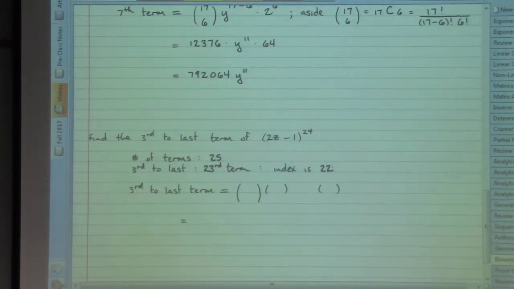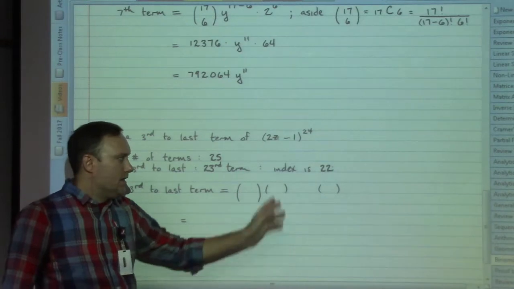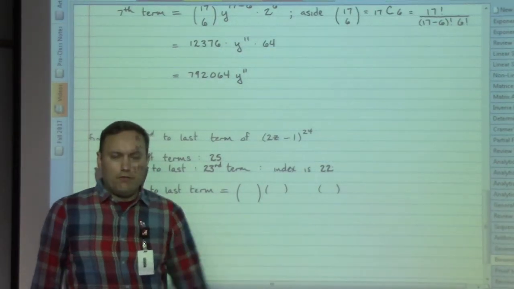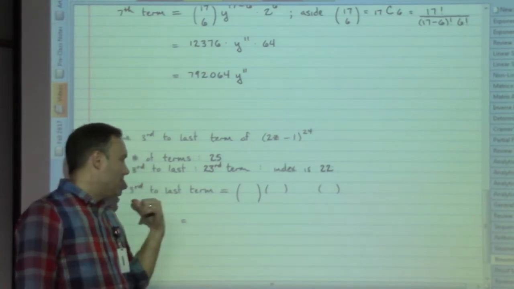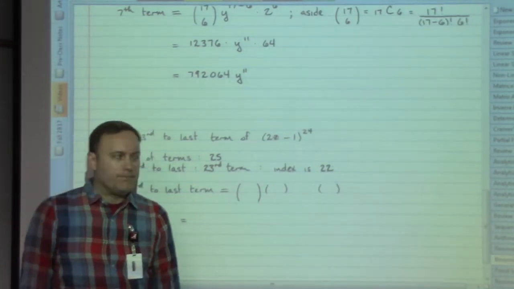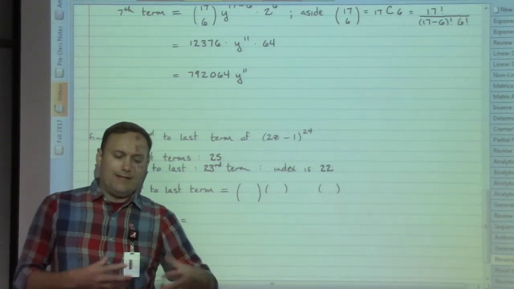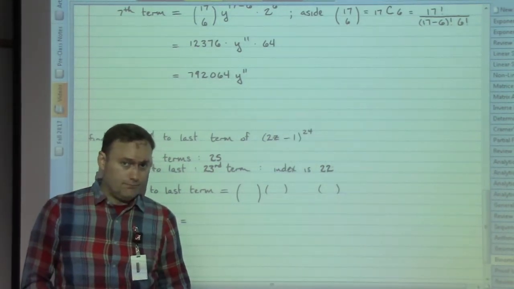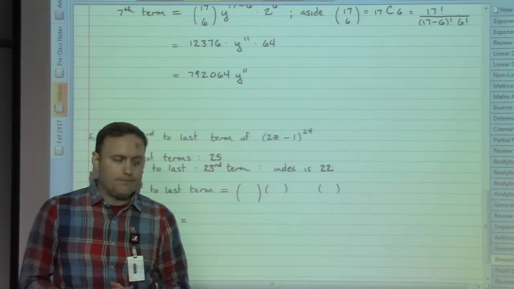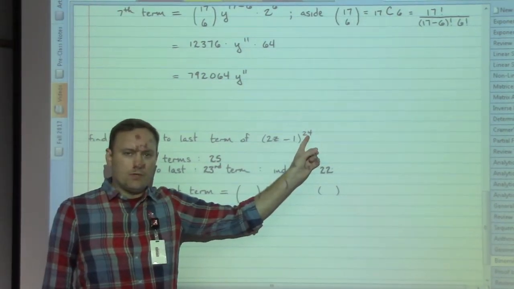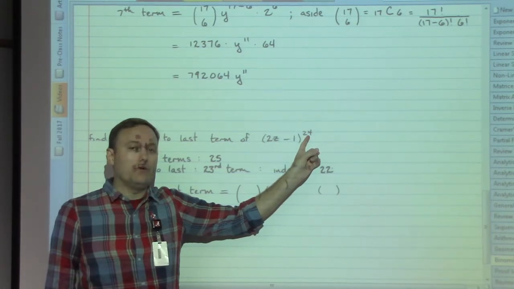Now let's just pause for a moment. This is only one way of getting to that index that we need that will allow us to build out from our binomial theorem what this third to last term looks like. Rather than just starting at the very last term, number 25, the very last index corresponds to the power of 24.